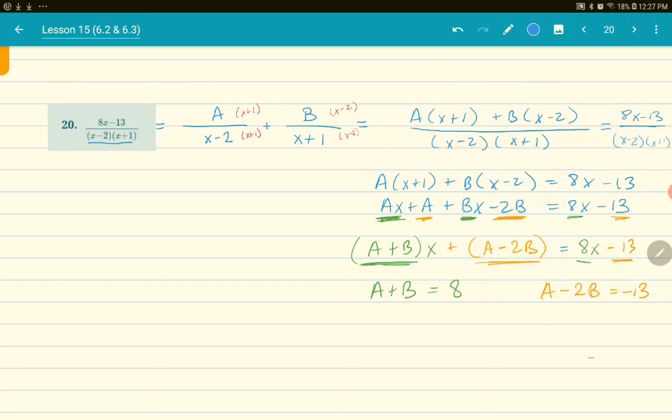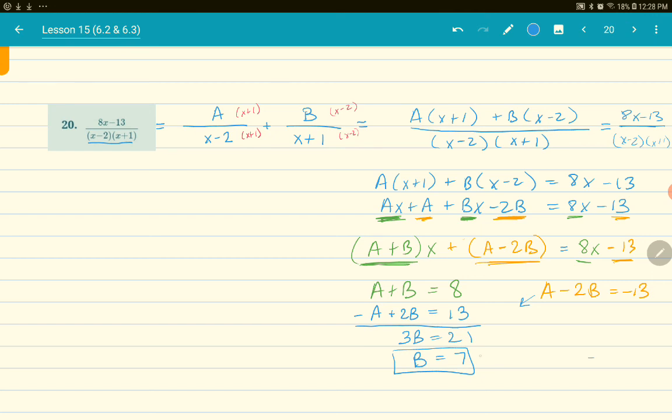So I'm going to take this and do a negative a plus 2b equals positive 13. I just took that equation times negative 1. When I add those together, I get 21. The a's drop out and I get 3b. So b equals 7.